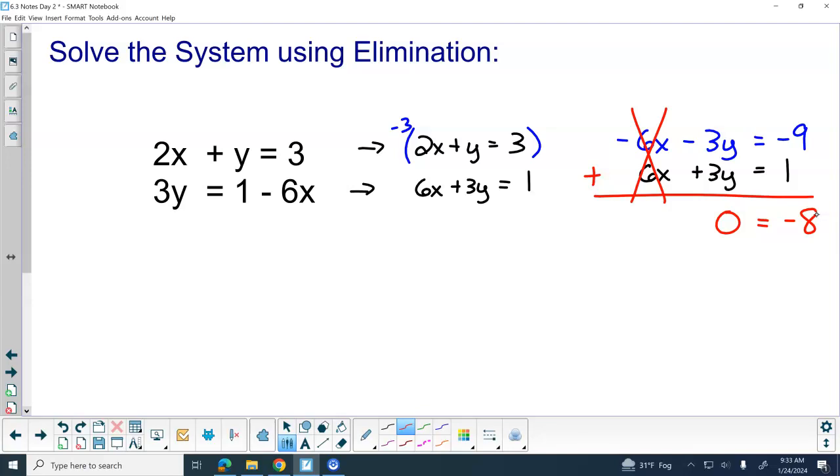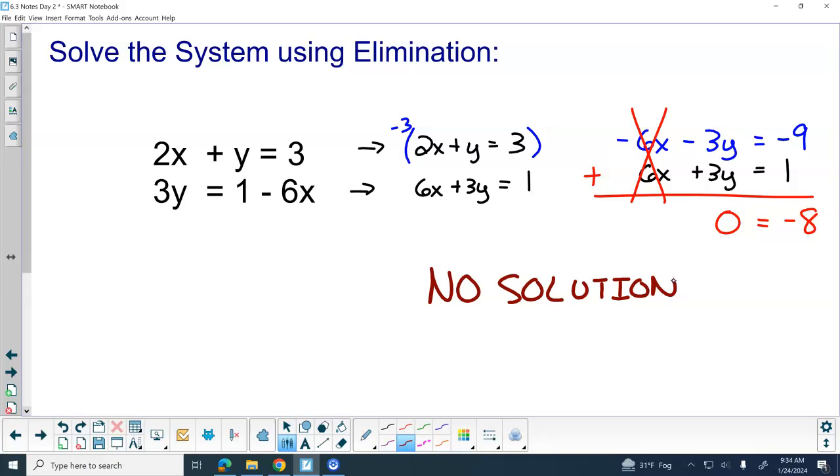Because 0 does not equal negative 8. This right here is a false statement. My red statement here is false, so therefore it is no solution. If that red statement was true, then what? So if it was like 0 equals 0, then what? No.